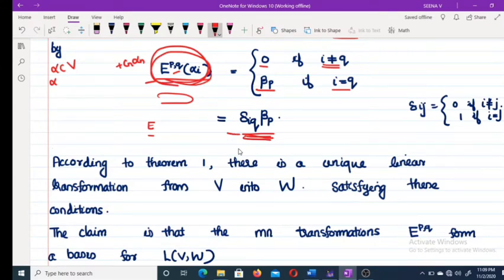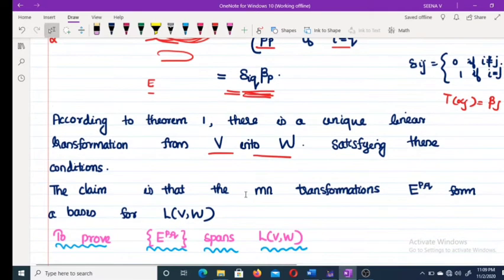Now we have one result, one theorem. Theorem 1: there is a unique linear transformation from V into W satisfying the condition T(alpha j) equal to beta j. So here we are defining E^{p,q}(alpha i) equal to this element. Therefore, there exists a unique linear transformation.